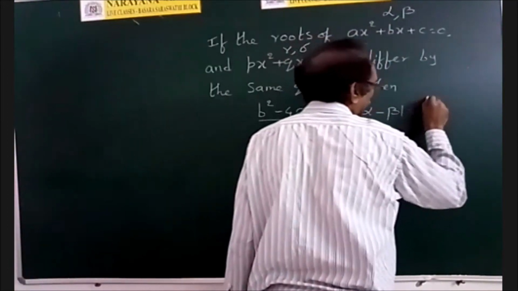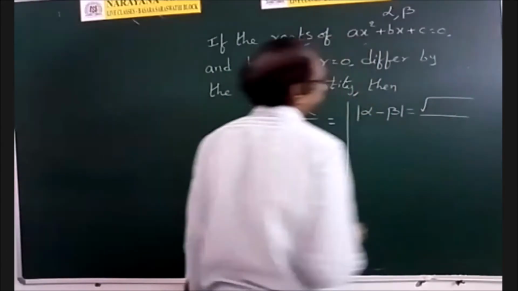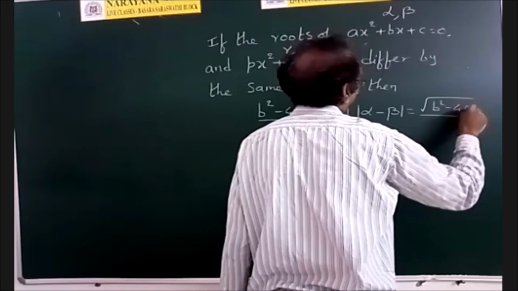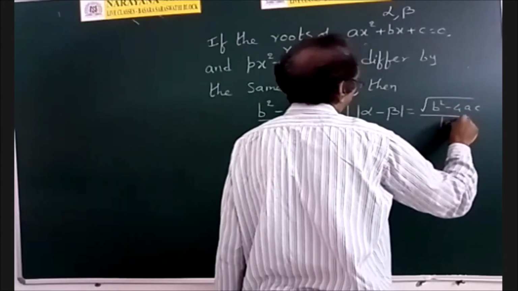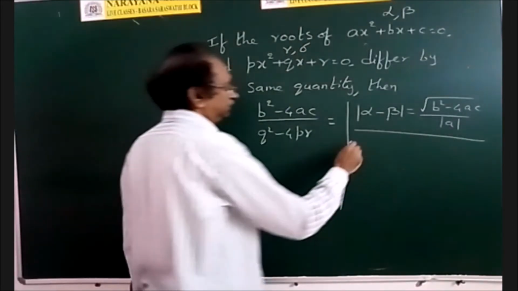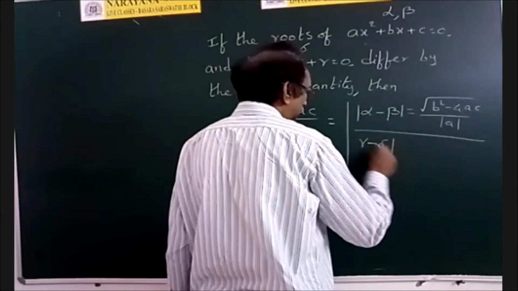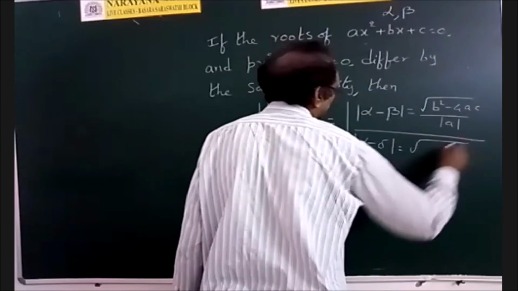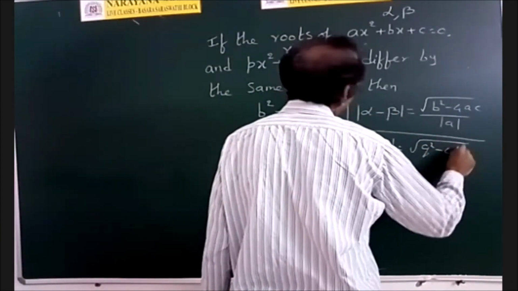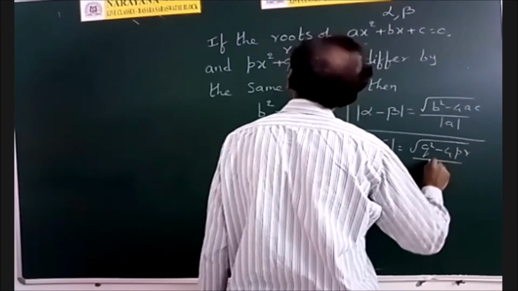Root b square minus 4ac by mod a. For the second equation, difference of the roots, gamma minus delta, again the same formula, square root of q square minus 4pr by mod a.